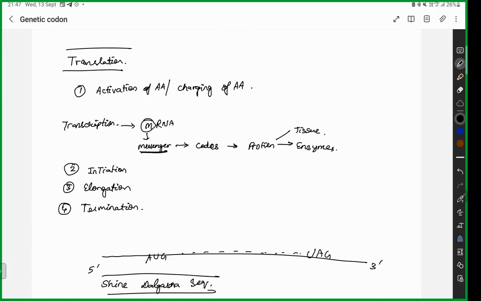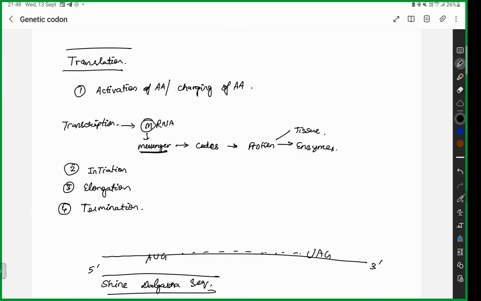I hope you all remember that even in transcription, for all these steps, initiation, elongation, termination, we need certain enzymes. We saw different types of enzymes. If you remember, just recall and tell me: what are the different enzymes?